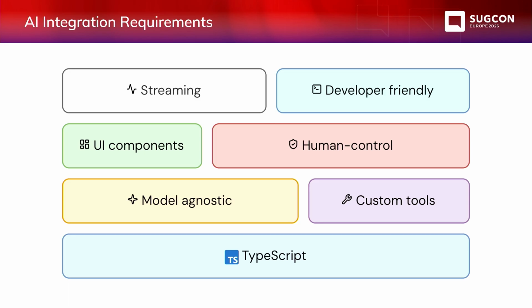We want to not just use the text output, but also map it to UI components. And of course, streaming is required because when we're dealing with LLMs, it's essential. And of course, from the developer side, we want to have some tools to make our work useful.